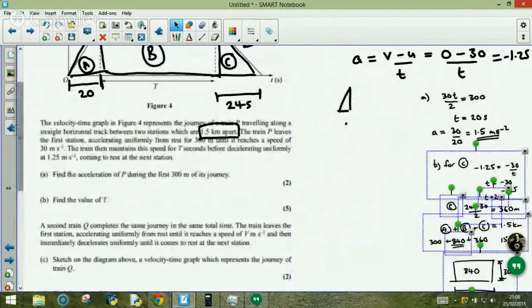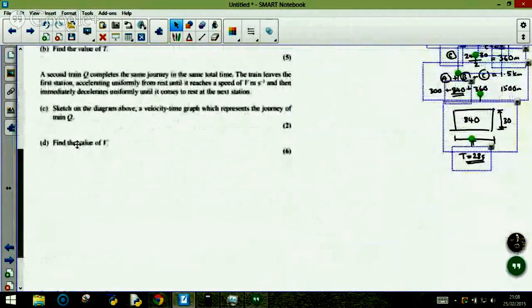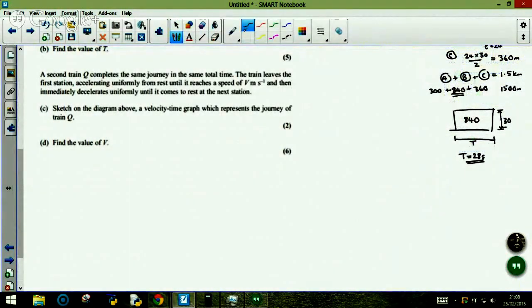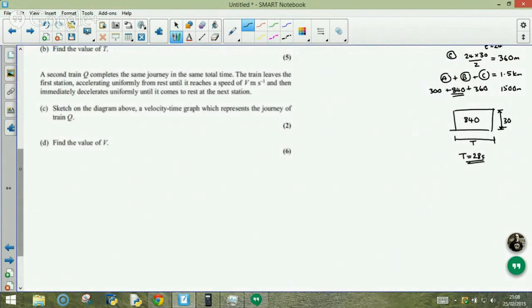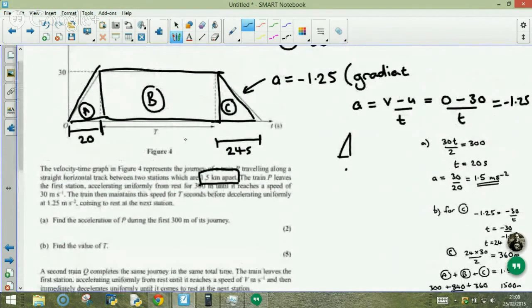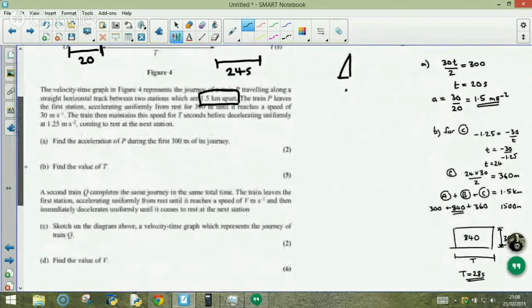Okay, almost there. The second train Q completes the same journey in the same total time. And just worth pointing out, what's our total time? Well, we've got 20, 28, 24. So 60, 72.